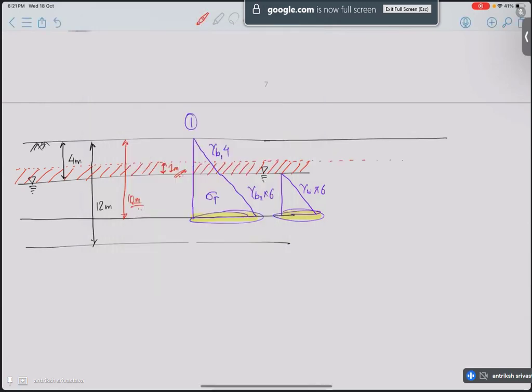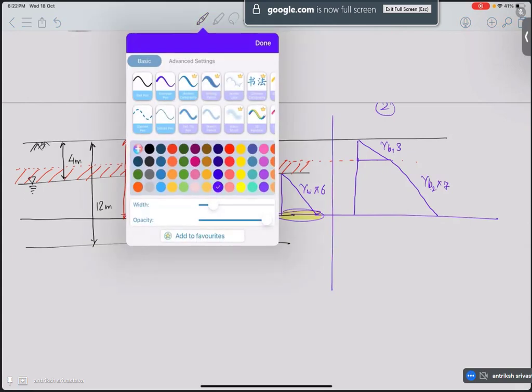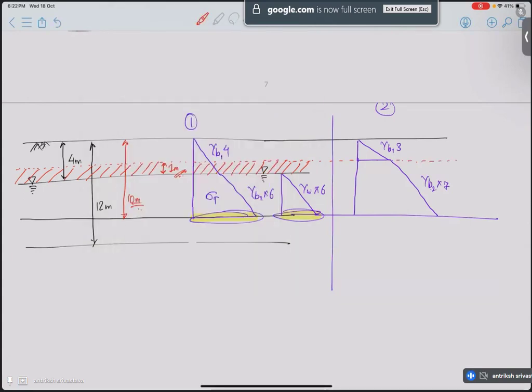So the gamma B1 can only be used for the first 3 meters, to calculate the total stress. And after that, since the pores are filled with water, the value will be given by gamma B2, which is nothing but the saturation unit weight, and that will be into 7 because the total height is 10 meters.